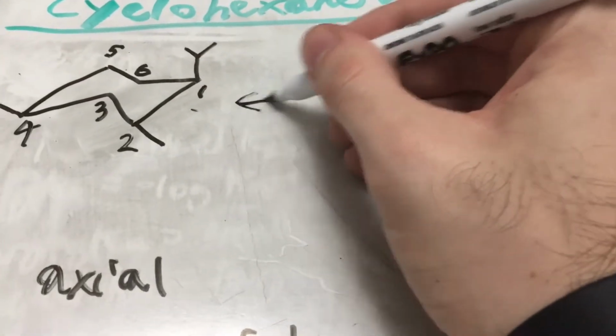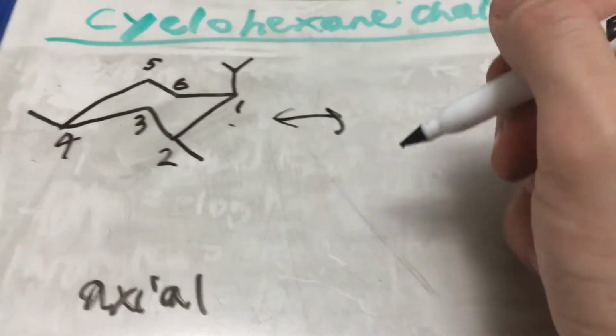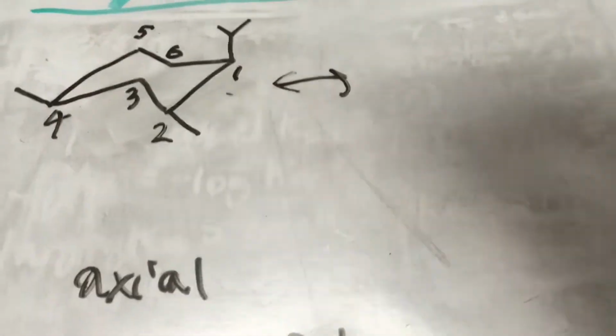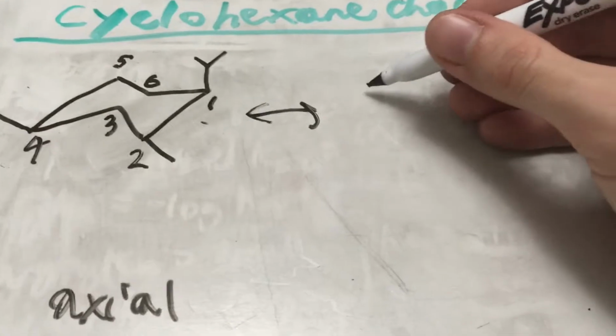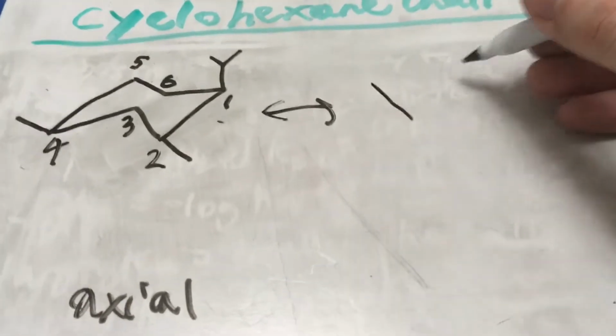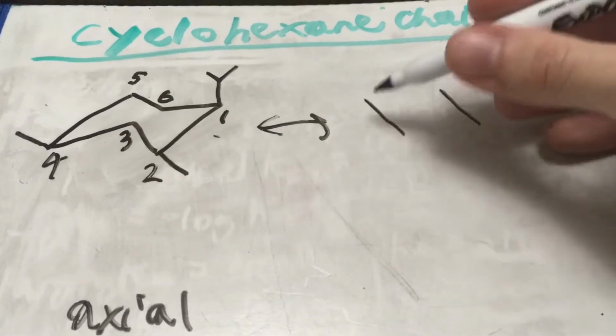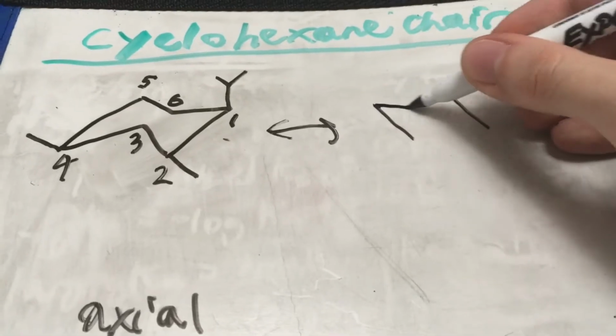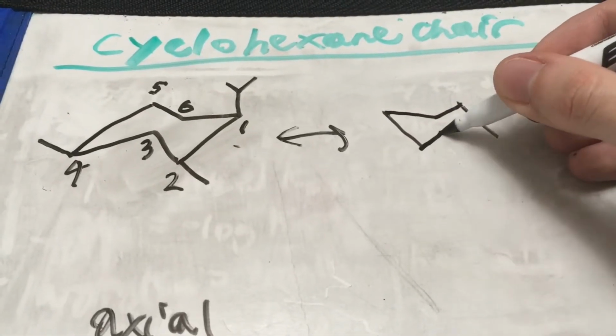So here, let's do the ring flip. Now the ring flip is basically this, but it's kind of like the mirror image in a way. You keep it parallel, and you go down, and this one goes up.